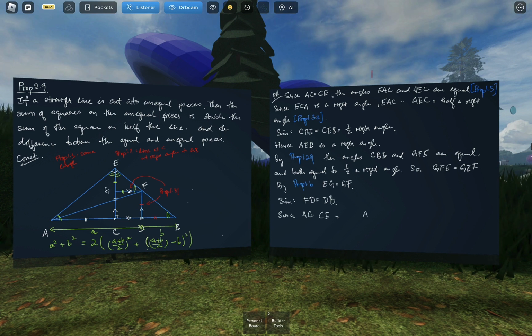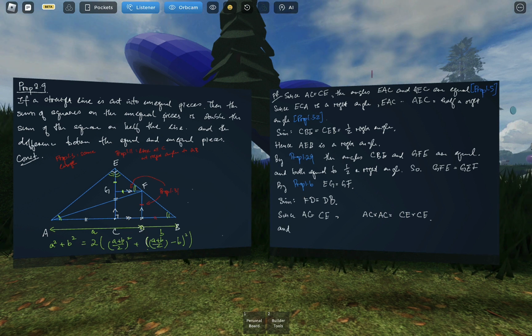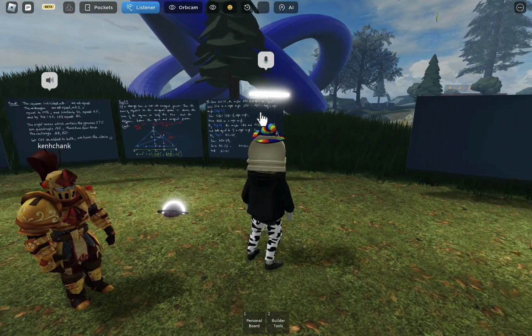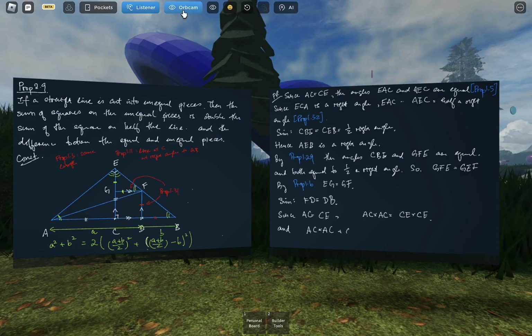We're going to say that the square AC cross AC is equal to CE cross CE. This is not a surprise. And I'm going to have to go to the next board, and hopefully we won't forget. So AC cross AC plus CE cross CE.